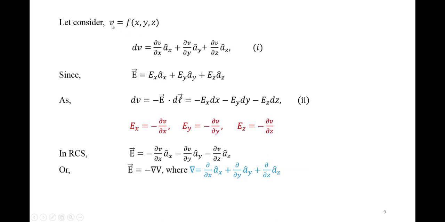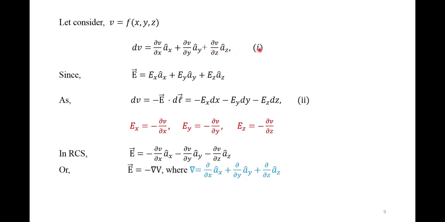Then we can write the total differential of potential in this form, that is dV equals partial V by partial x a_x unit vector plus partial V by partial y a_y unit vector plus partial V by partial z a_z unit vector.